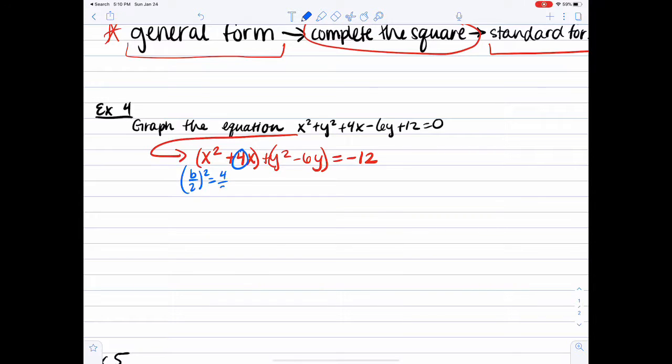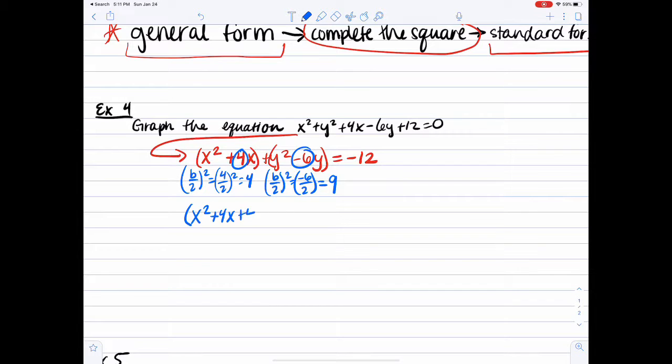So that's (4 over 2) squared, which is 2 times 2, which is positive 4. And then right here for the y's, we need b over 2 as well, which is this negative 6. Don't forget the negative. But it doesn't matter because negative 3 times negative 3 is going to give you positive 9. And remember, we need to add that to this side.